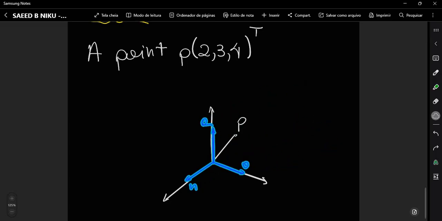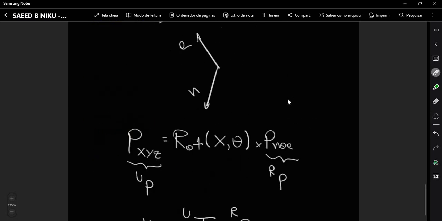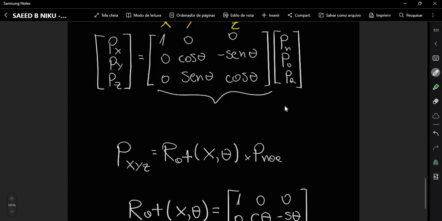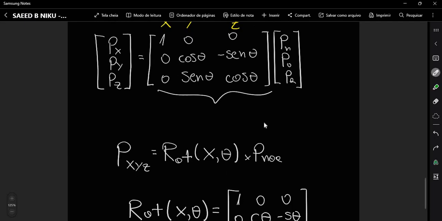We are able to track it based on the reference system. And remember what I said, we are able to find the final orientation and position of a point when this point is referenced to a referential system, as we are doing.